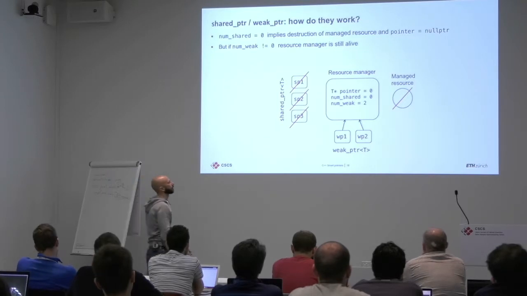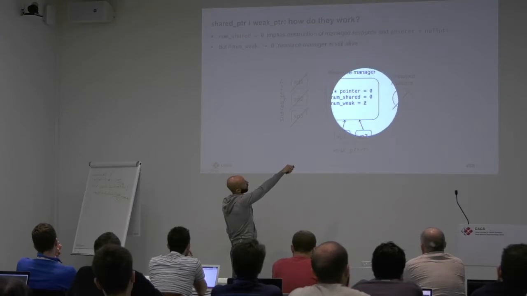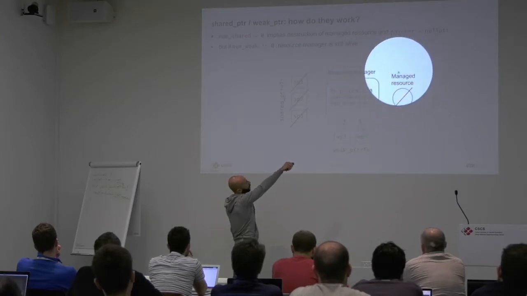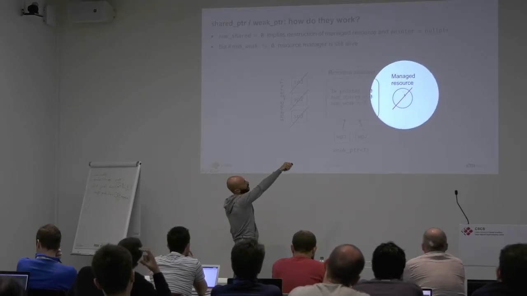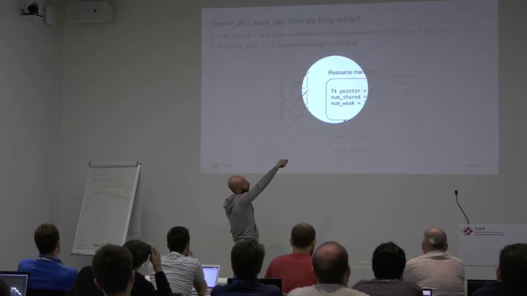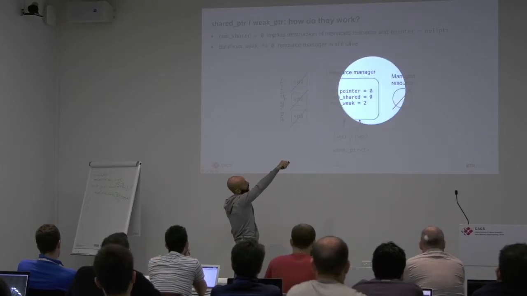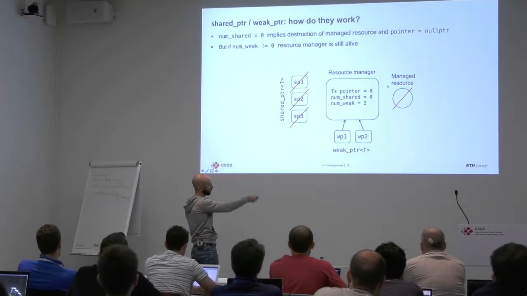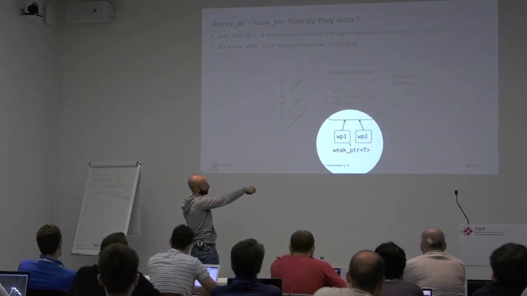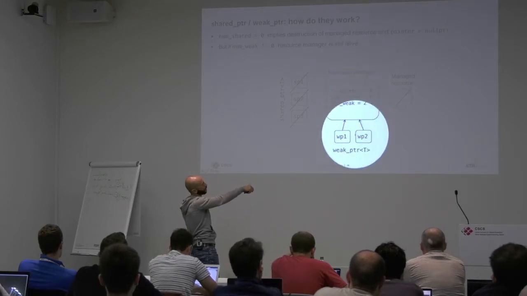When the execution of the code goes on, and at some point the shared pointers are destroyed, we get a number of shared pointers equal to 0. In this case, the memory location on the heap is released, and correspondingly the raw pointer inside the resource manager is set to nullptr. But since you still have 2 weak pointers that are alive, the resource manager is not deleted from the heap.